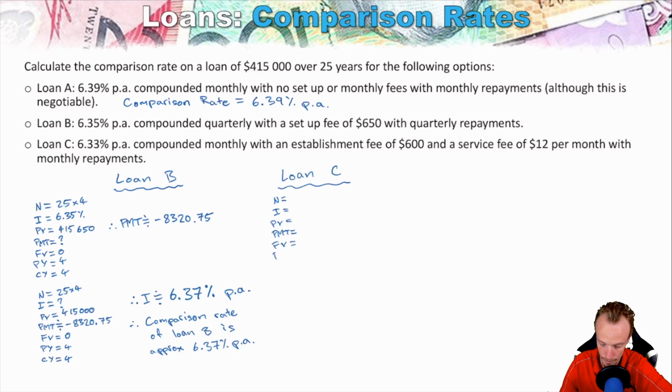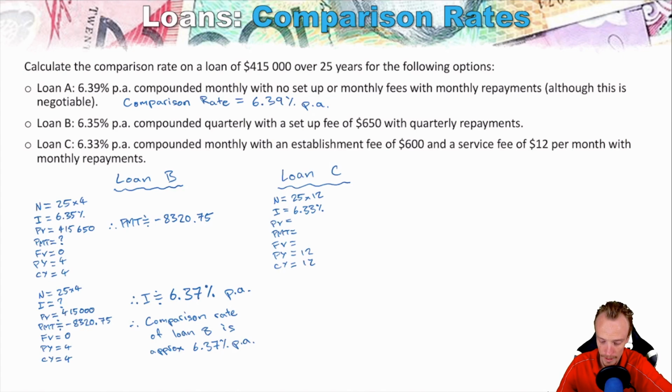Future value, PY, CY. So let's work through this. Our N is going to be 25 years. This one's compounding monthly, so be very careful there. It's got monthly repayments, so I might just put these in so I remember. The interest rate, this is the original, the nominal interest rate, so this is 6.33%.